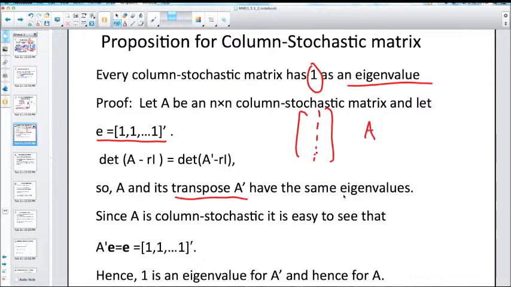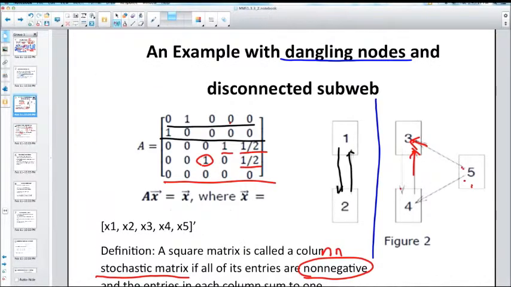When I turn the columns to rows, this means we transpose, change the column to row. So each row will add to 1, right? Because each column adds to 1. Let me look one more time. See, each column adds to 1. If you change the column to row, each row is going to add to 1.